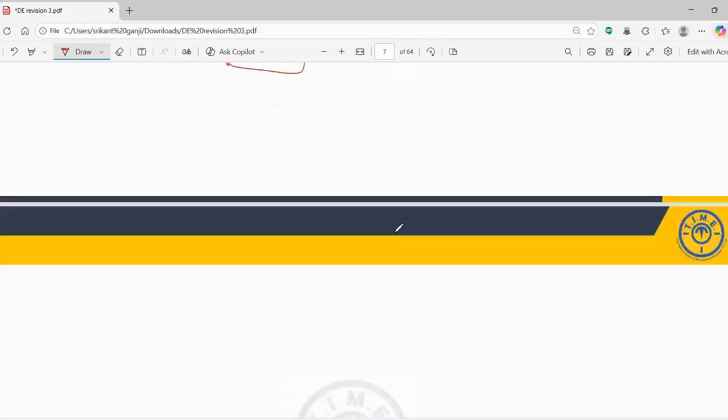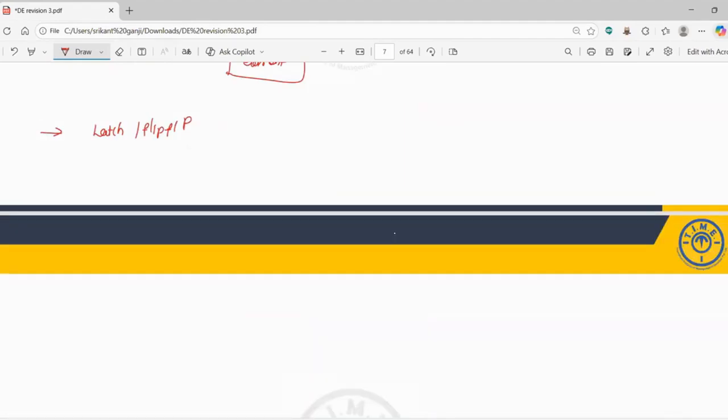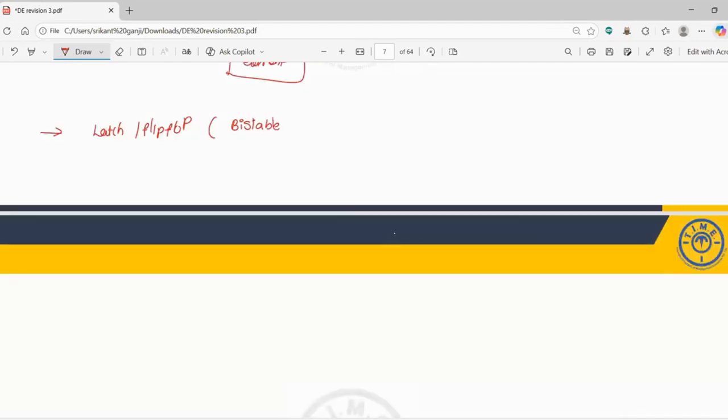So one of the most fundamental sequential circuits is latch or flip-flop. Actually, latch or flip-flop is a bistable multivibrator. This is very important. If you get a theory question from this, definitely you can expect bistable multivibrator.